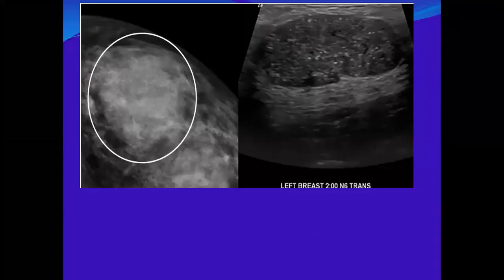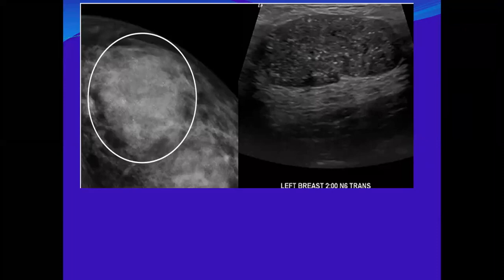On compression view, it reveals a mass with ill-defined margins. Wait, let me ask you questions.